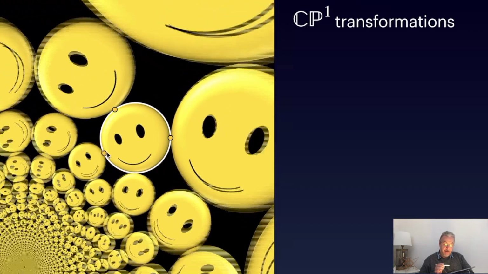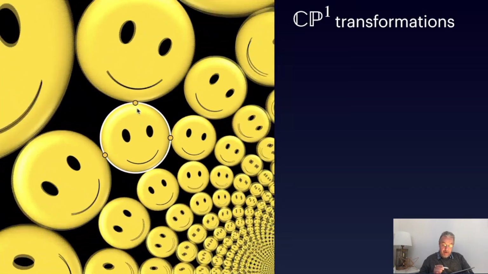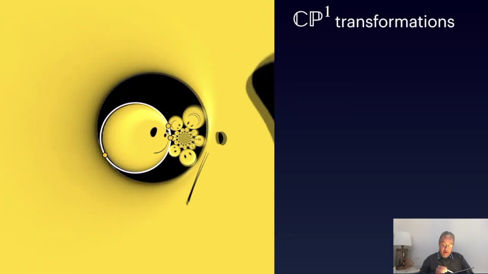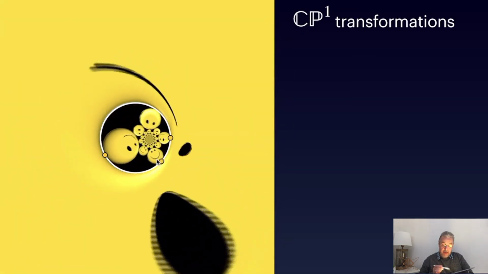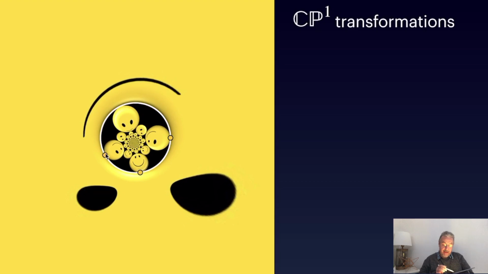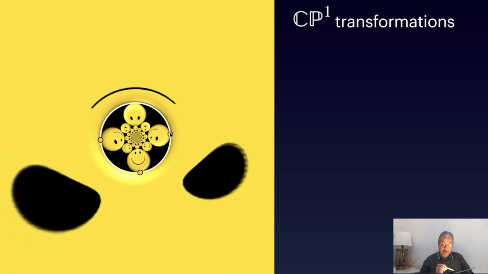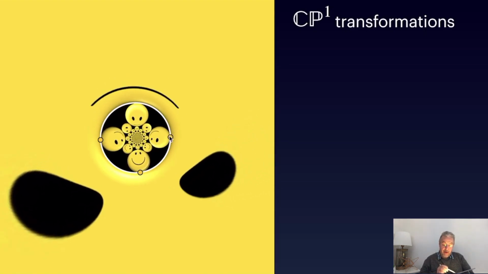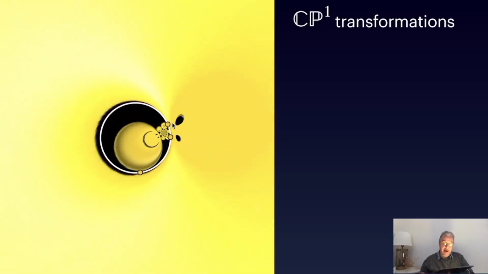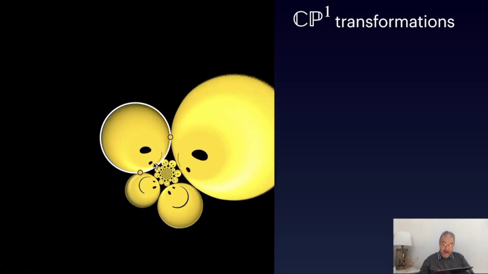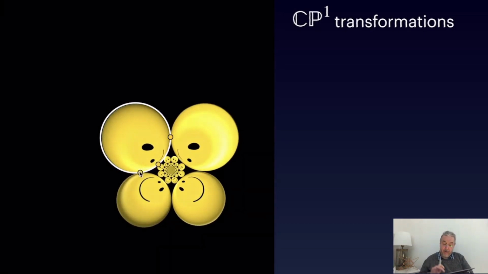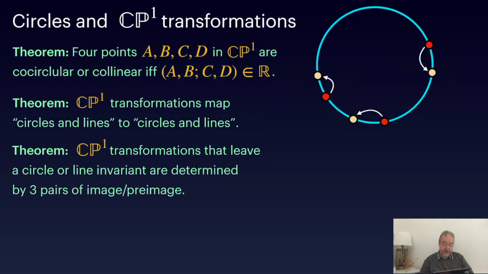But here, this transformation looks extremely different. One characteristic fact is that all our circles are still circles. Another interesting thing is that this transformation may map things inside out. Here you have our original smiley completely outside of the circle, and we will try to understand what's going on as a next point.